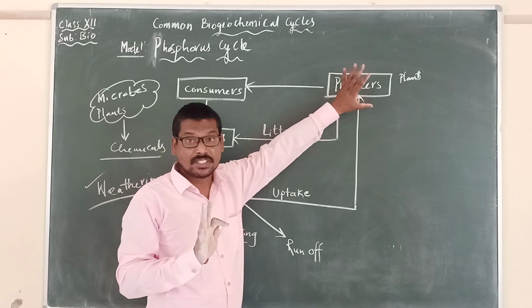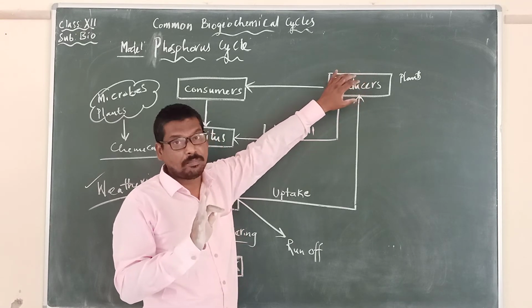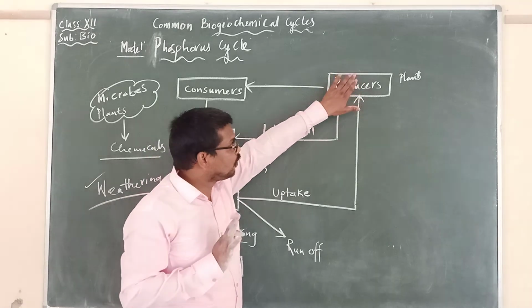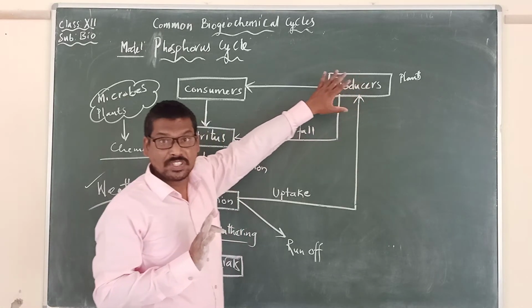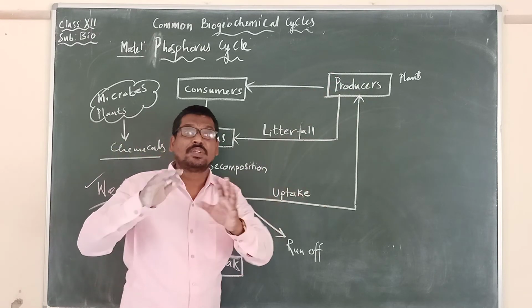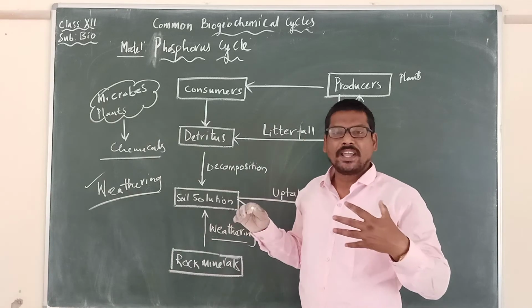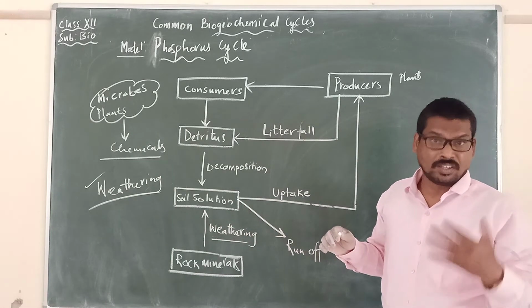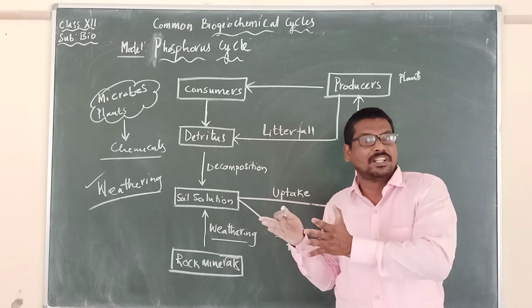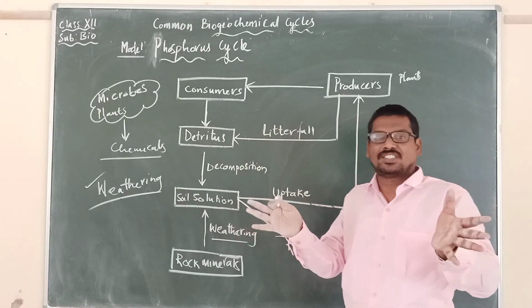So phosphorus in the form of phosphate, in organic form, is now present in the producers. As we said, through various food chains, from the producers into different types of animals, the phosphate is entering.